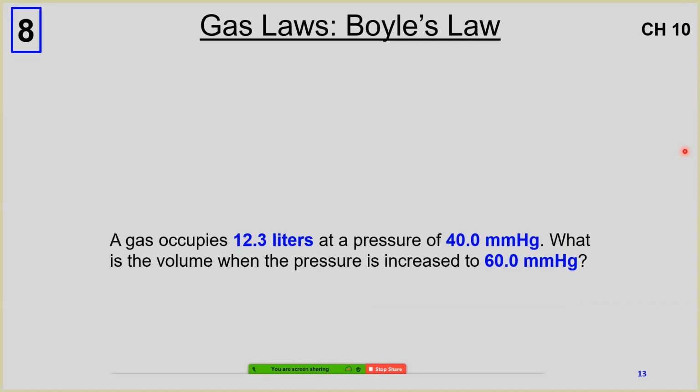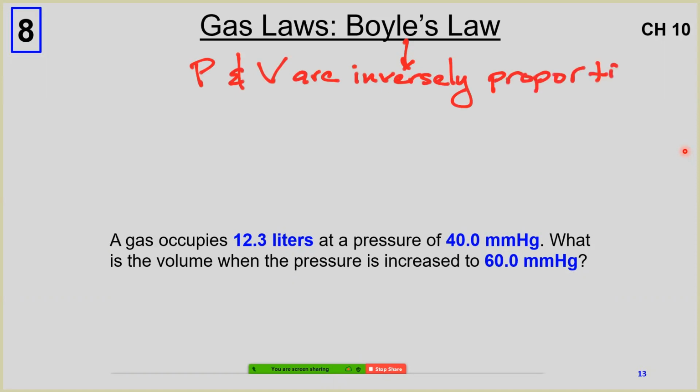In terms of Boyle's law, it states that pressure and volume are inversely proportional.